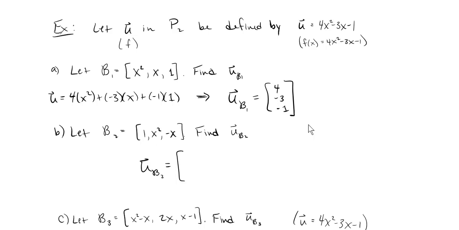What was here should go in the first component now. So negative 1 is in our first component. What was on the x squared, now that goes in our second component. So that's our negative 3. Oh, sorry, that is our 4, right? The first coordinate went with x squared and b1, so we need a 4 here.